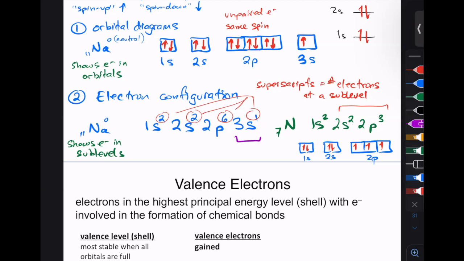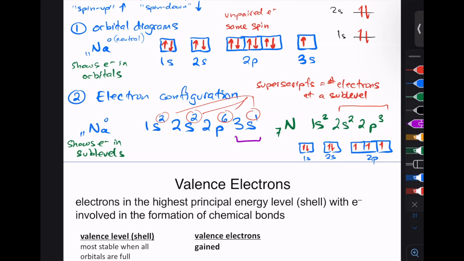In nitrogen, how many valence electrons are there? There's 5. There's not 3. There's 3 electrons at P, yes, but for the valence electrons, you want to look at the number of electrons in the principal energy level. That's going to be both the S and the P, or D or F, depending on what atom you're looking at.